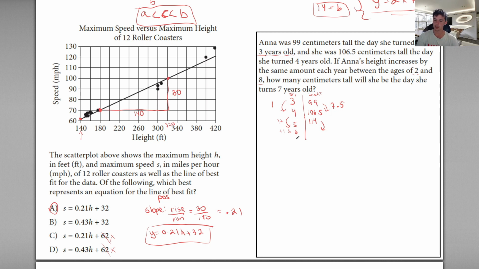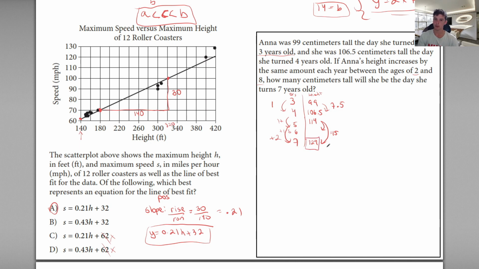So if she increases 2, from 5 to 7, she's going to increase 7.5 times 2, so she's going to increase 15, right? So from 114, 114 plus 15 is 129. So we know that age 7 should be 129 tall.